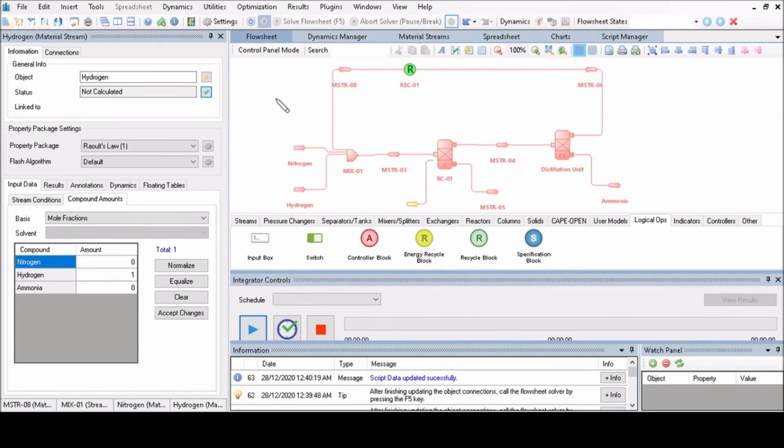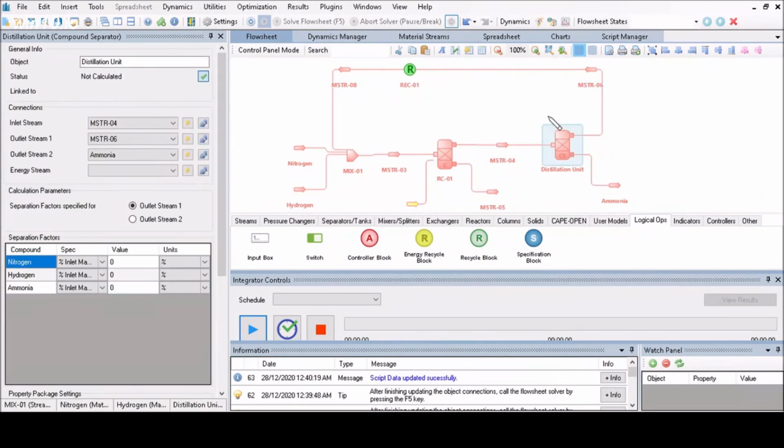And what else? In our separator, we have to indicate that in this stream the flow will just be equal to the nitrogen and hydrogen, and for the outlet stream 2, what will be left will just be the ammonia. So we set the separation factor specified for outlet stream 1, which should contain our nitrogen and hydrogen.